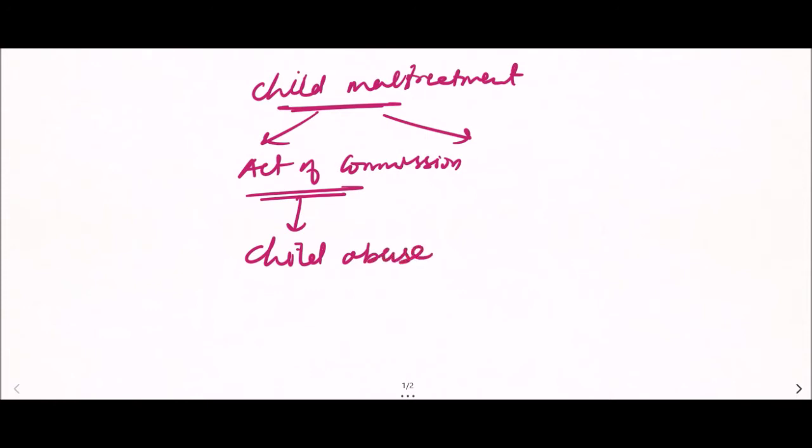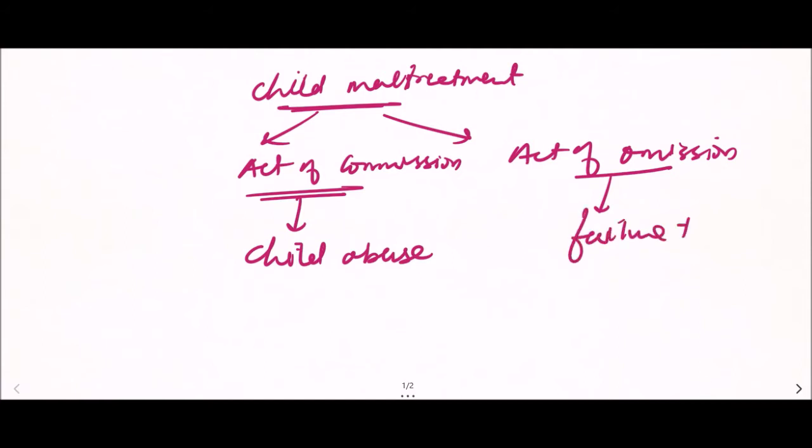But if there is an act of omission, it means the parents or the caregivers are not acting, there is a failure to act, then this is known as child neglect.